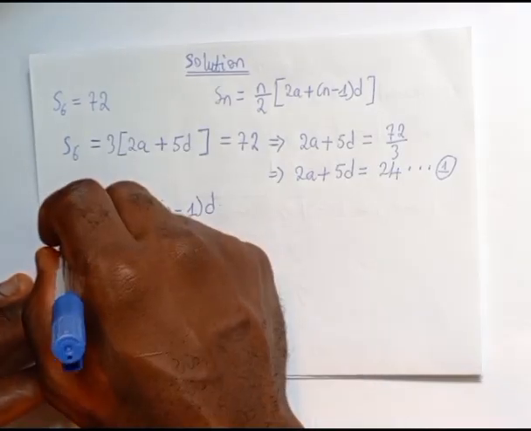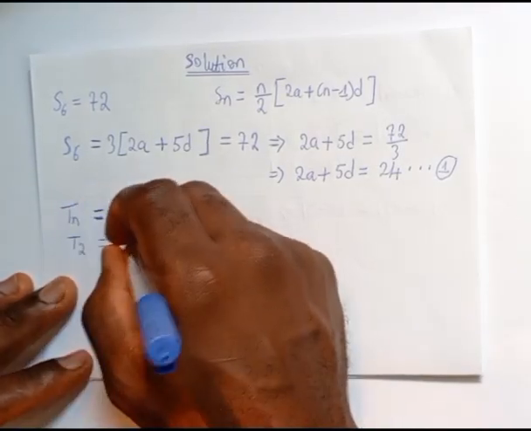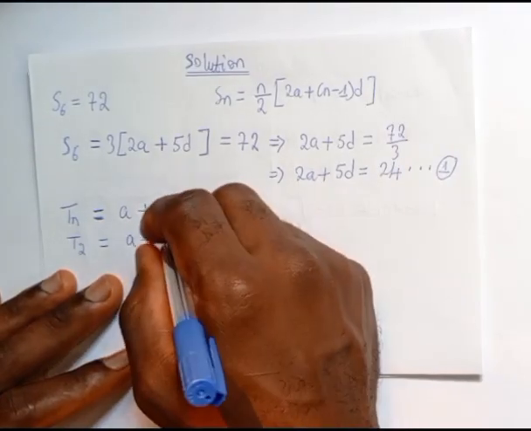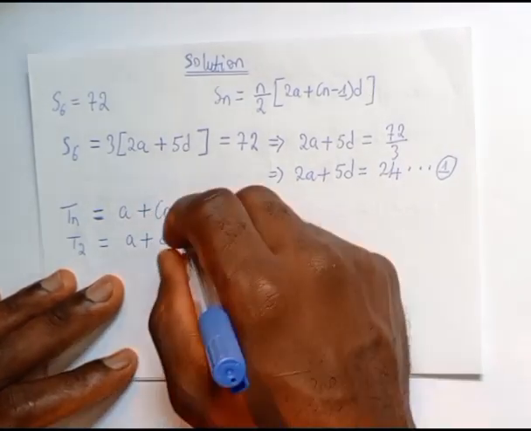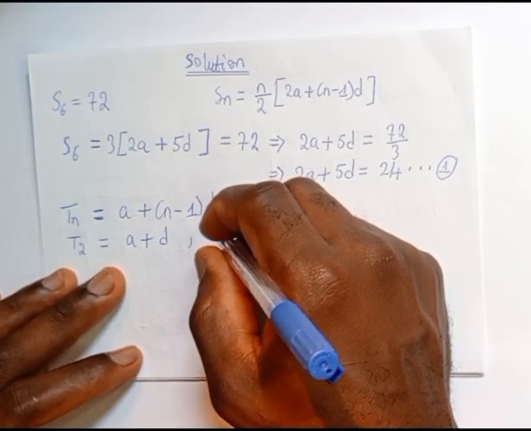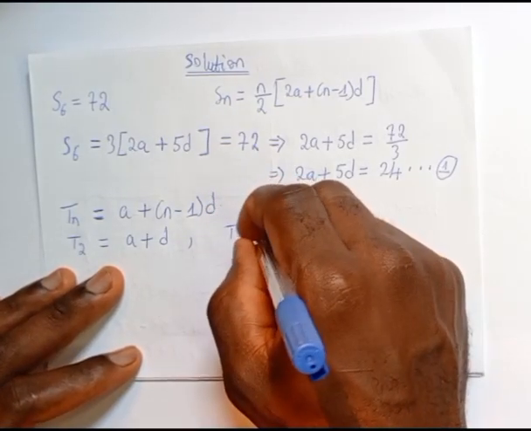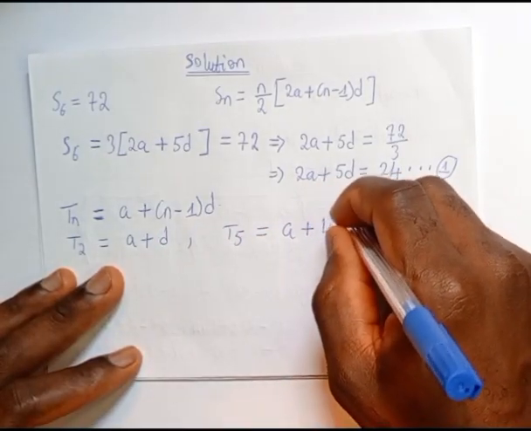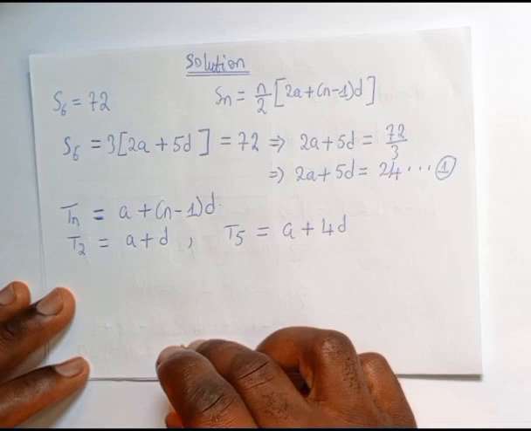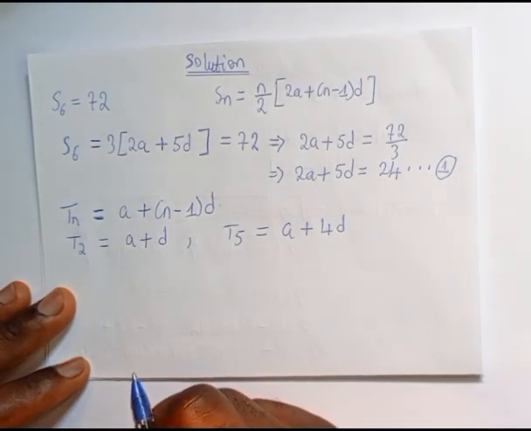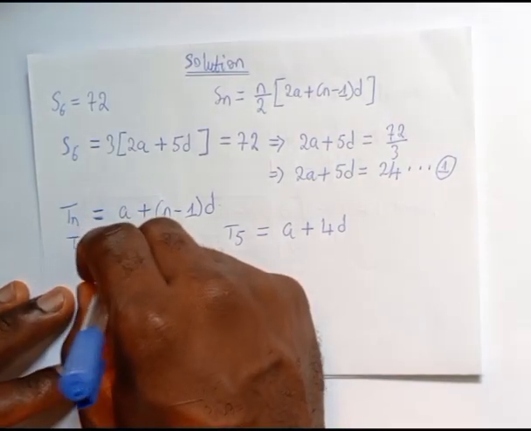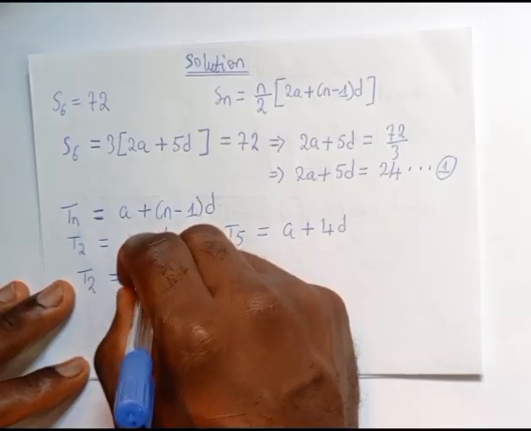Our second term will simply be T2, which is equal to a plus 2 minus 1 gives us 1 times d. And the 5th term, which is T5, will simply be equal to a plus 5 minus 1 gives 4, 4 times d gives us 4d. We have been told that the second term is 7 times the 5th term. It simply means T2 is equal to 7 times T5.